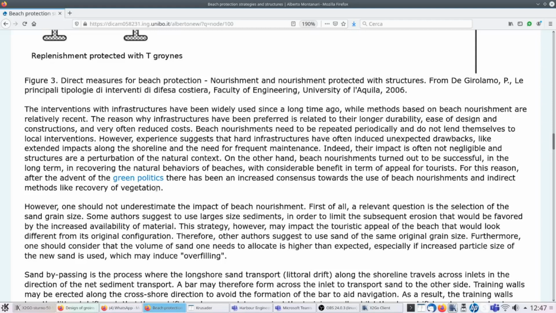Because after the Second World War, there was massive economic development, what is called the economic boom in the 60s, and then tourism increased in several seas in the Western world. Tourism increased a lot, so this led to urbanization of the coastal areas and increased the value of the coastal areas.